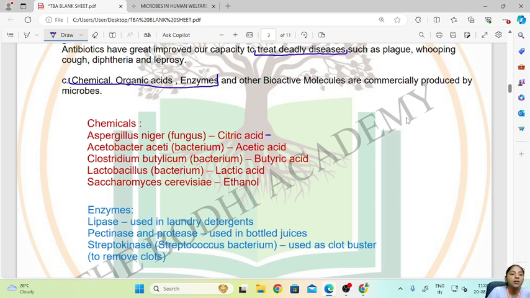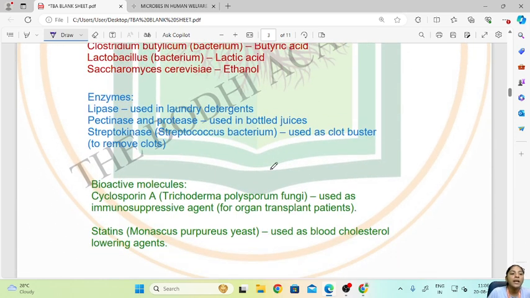Then a bacterium, Acetobacter aceti, is used to produce acetic acid. Then again a bacterium called Clostridium butylicum is used to produce butyric acid. Then lactic acid is produced by Lactobacillus bacteria, and ethanol is produced by Saccharomyces cerevisiae, that is the yeast.